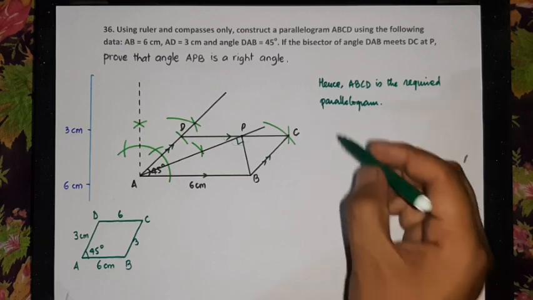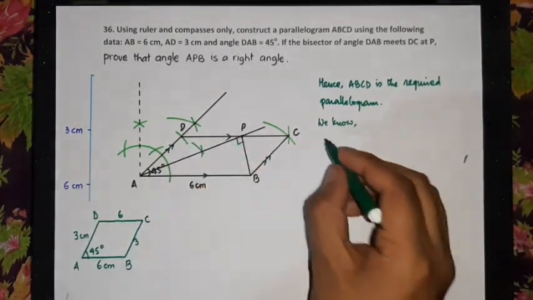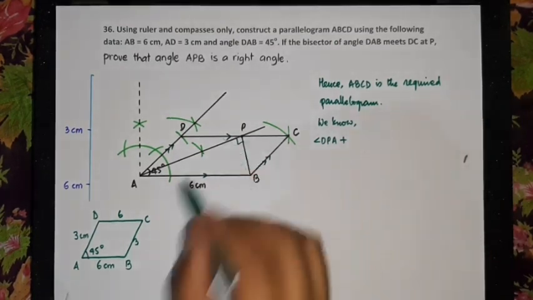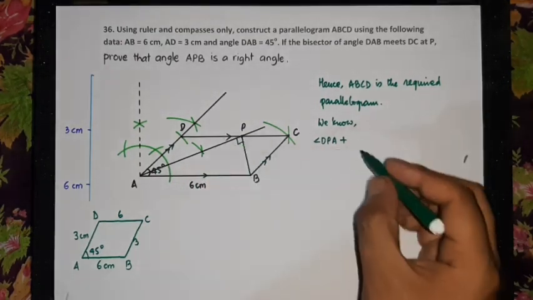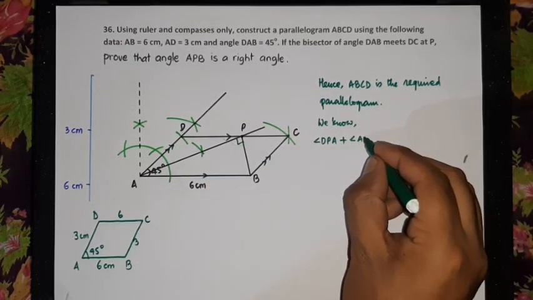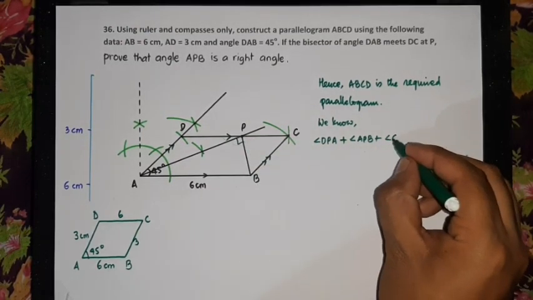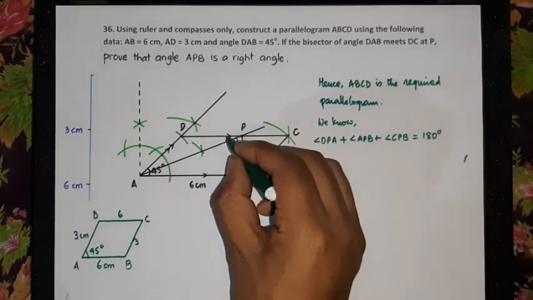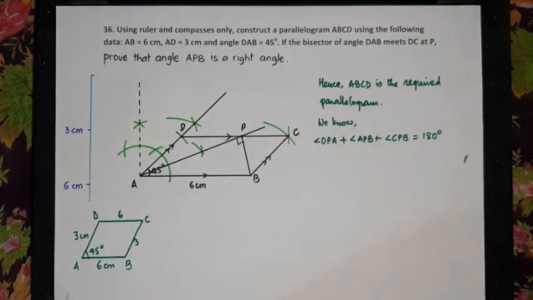So we know that angle DPA plus angle APB plus angle CPB will be equal to 180 degrees, because this full angle is known as a straight angle whose value is 180 degrees.